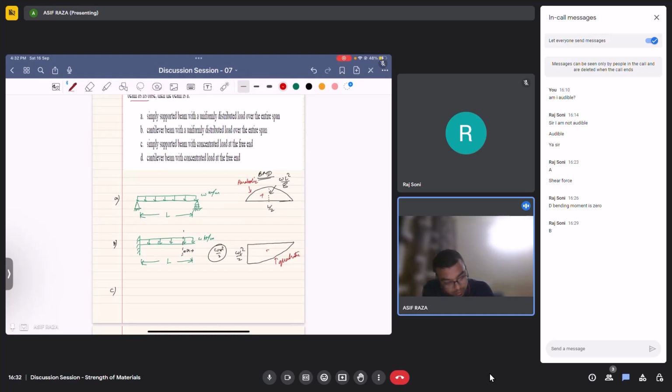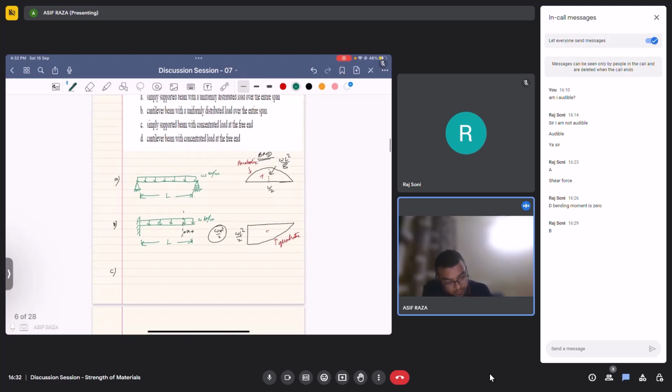Okay. Now let's see option C. Simply supported beam with a concentrated load at the free end.